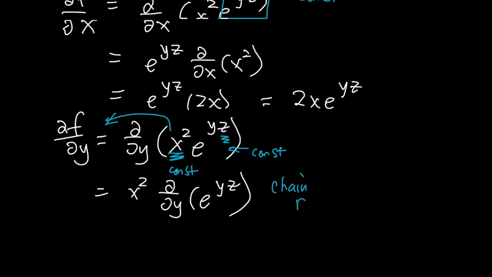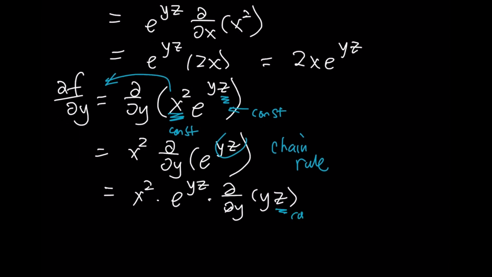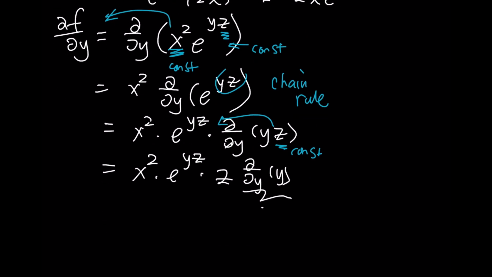So the derivative of e to the something is e to the something times the derivative of the something. The derivative is a partial with respect to y. The z is a constant, so I can take it outside there. And what I'll have is an x squared e to the yz, z, and then a y derivative of y. So I'll end up getting x squared z e to the yz.